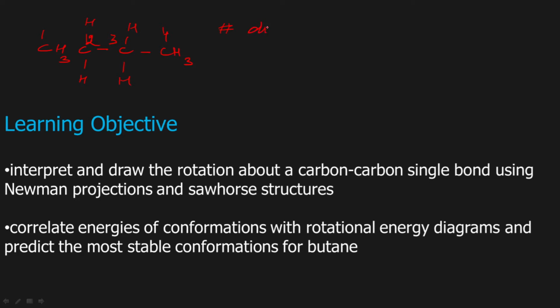That is known as the dihedral angle, and it is represented by theta. So we are going to do the rotation around carbon atoms 2 and 3. We are going to correlate the energies. We are going to look at the 6 conformations. Although a lot of conformations are formed, these 6 are the most important and the most common conformations of butane.